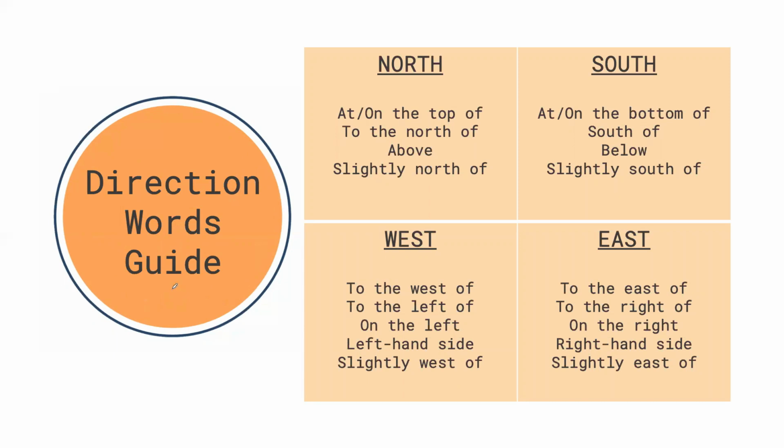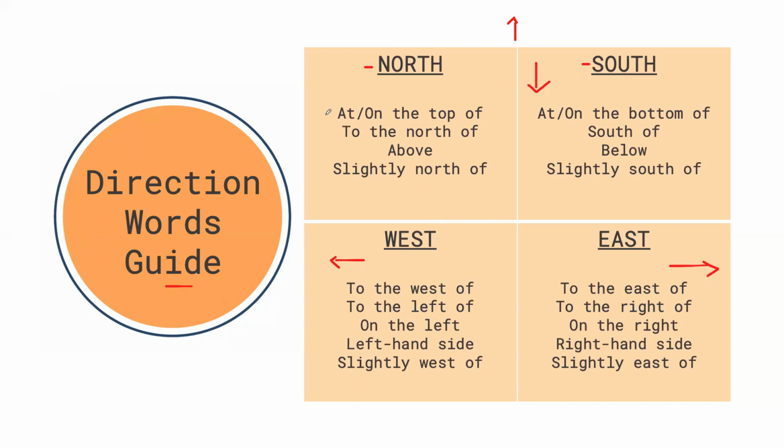So I've got this helpful guide here, and these are some phrases that are commonly used to talk about direction. Now, I've got a table with north and south. So north, if we think of a compass, and south down here. West, which would be going to the left, and east, which would be going to the right.